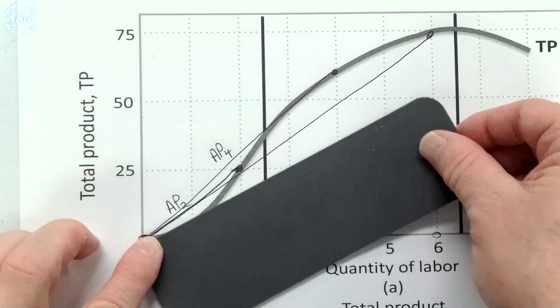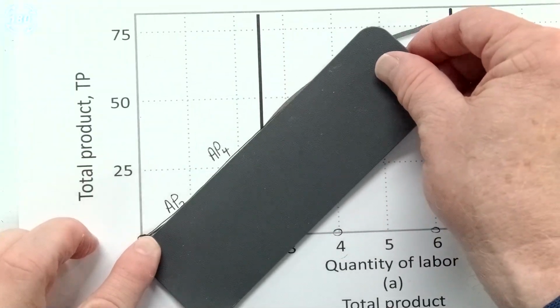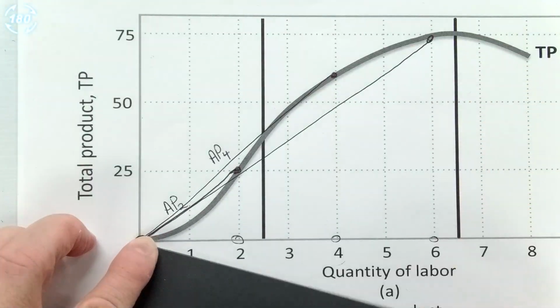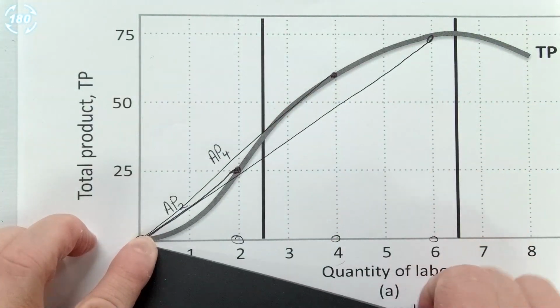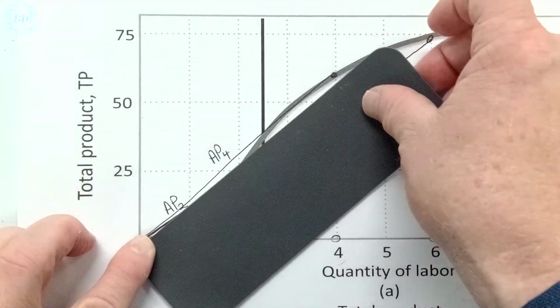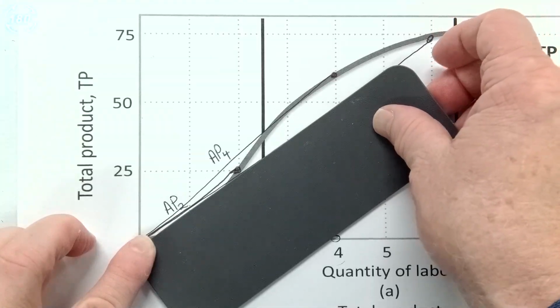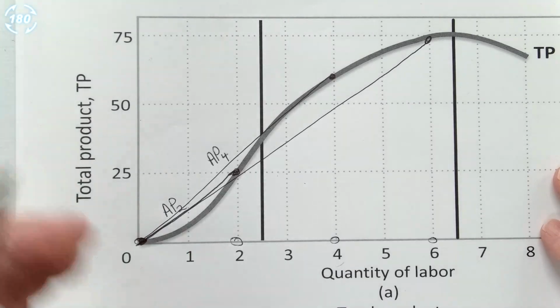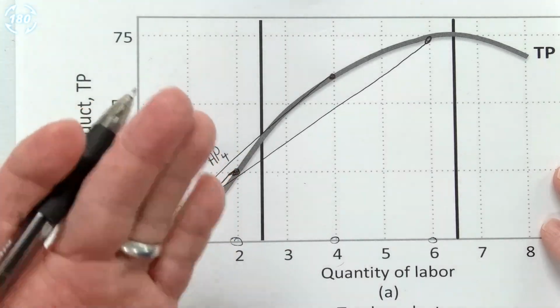That secant line goes up to a certain point. In fact, the maximum looks like it occurs right about here, around 3 workers, but it goes up, and then those slopes go back down. So the average product of labor is something that increases and goes down.